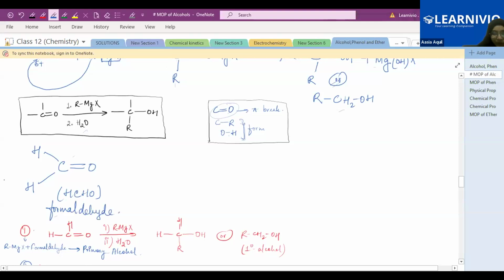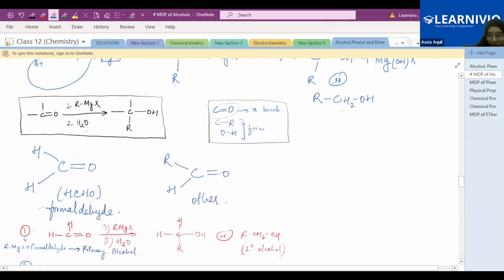Okay, the next, suppose this is your HCHO. This is a formaldehyde. Now, instead of H, when I attach R group, RCHO. So this is your other aldehyde. Any other aldehyde means other than formaldehyde.